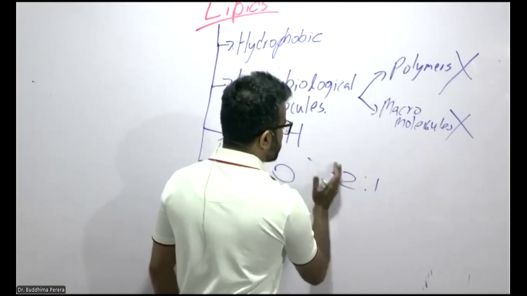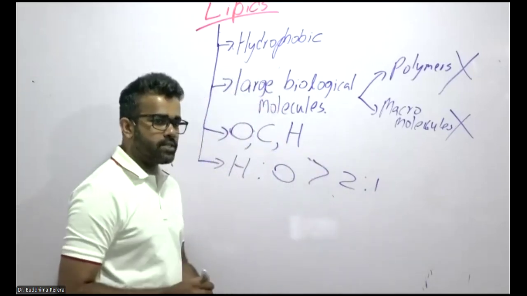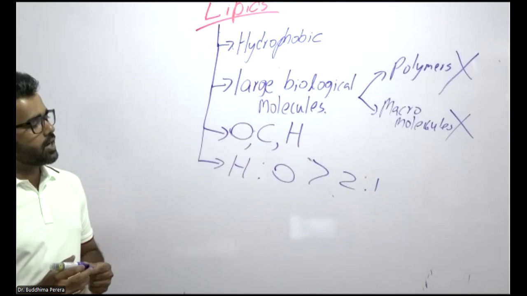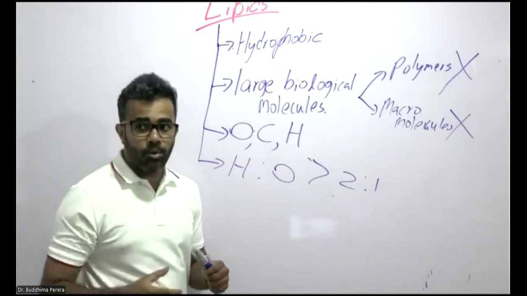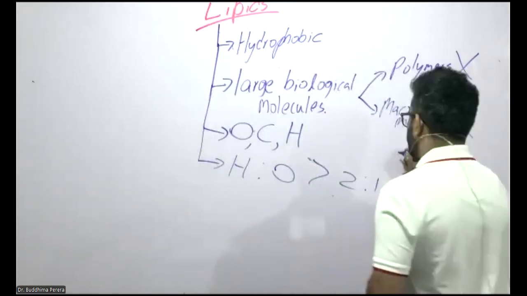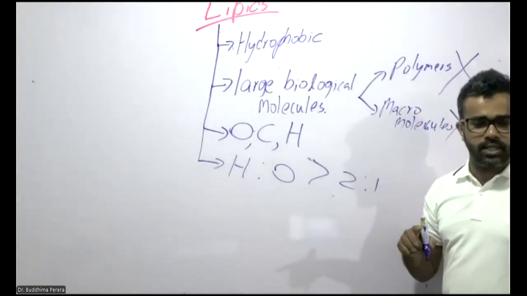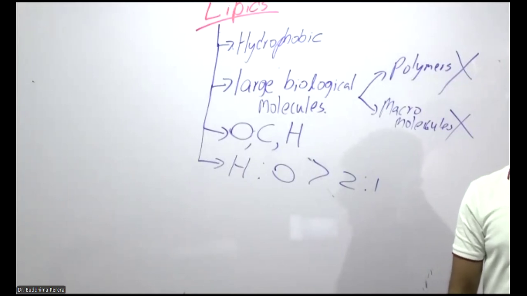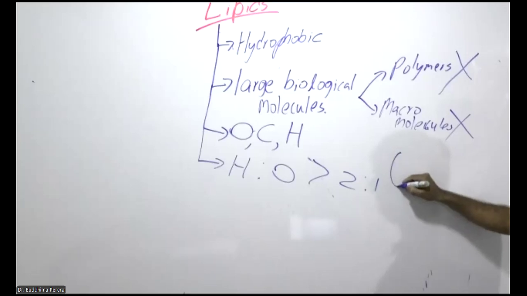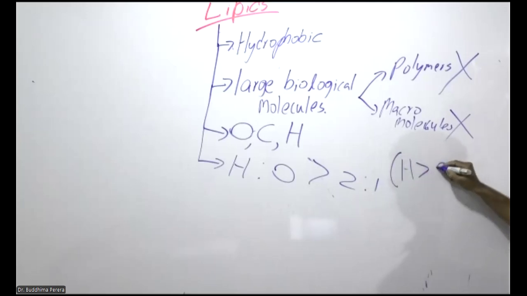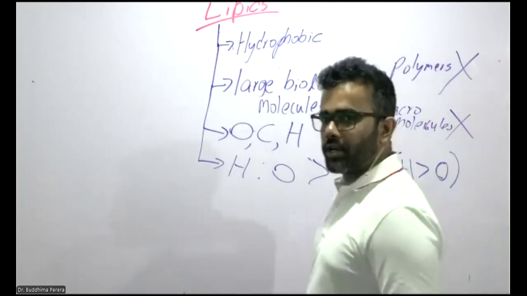It's always more than 2 to 1. Why is hydrogen to oxygen 2 to 1 in carbohydrates? Because in carbohydrates, for every one carbon and oxygen, there are two hydrogens. But here it's not like that. Always there are more hydrogens than oxygens.